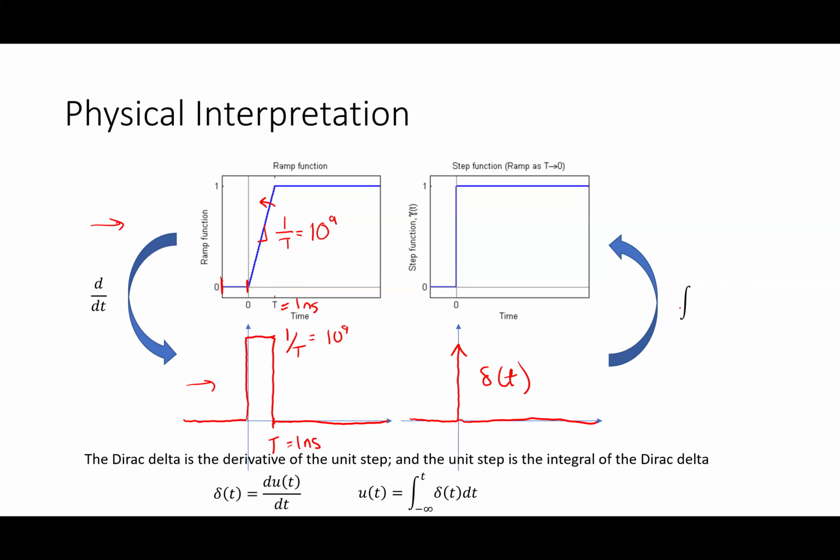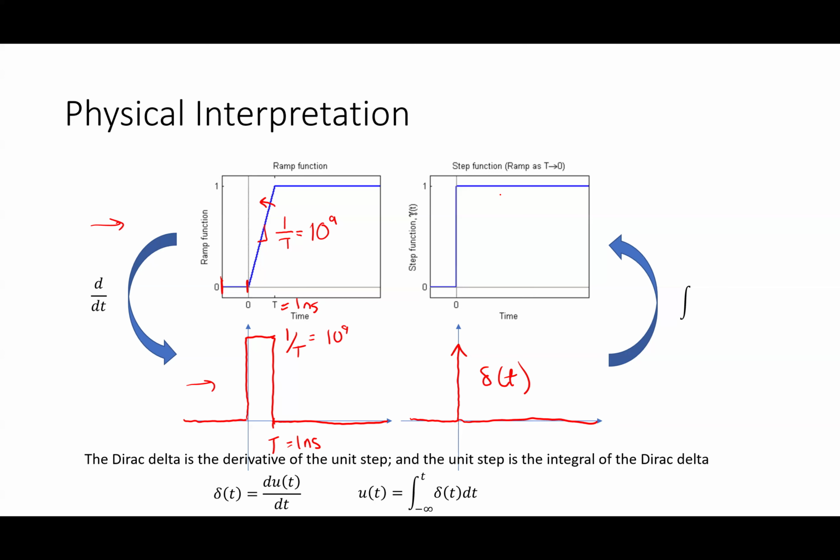So if I take the integral of delta of t, it becomes equal to 1. All right. So that's the basic relationship that we have. The impulse function delta of t is the derivative of the step function. All right, that's basically the way we think of it.